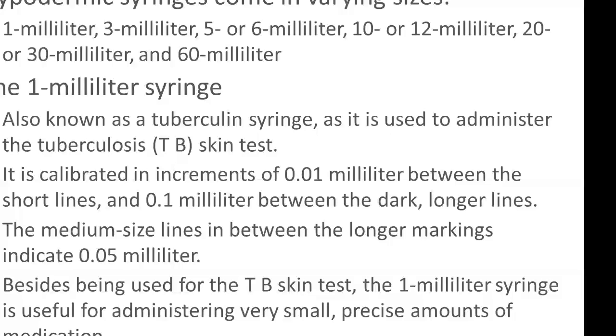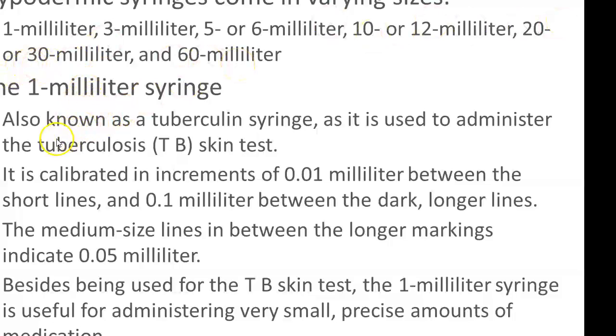Hypodermic syringes come in varying sizes. We have 1 milliliter, which you might hear referred to as a tuberculin syringe, or a 3 milliliter, or a 5 or 6 milliliter. I'll have to be honest with you, I've never used a 6 milliliter. We usually use 5 milliliters. 10 milliliters are common, as are 20, 30, and 60.